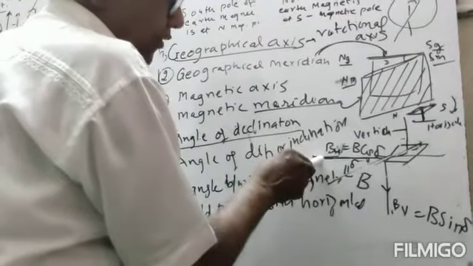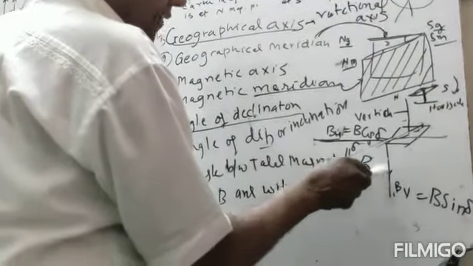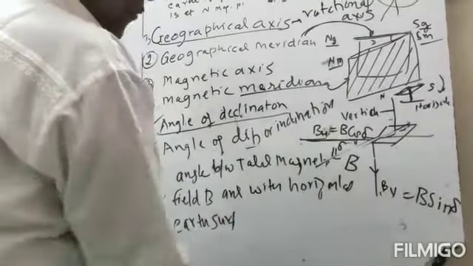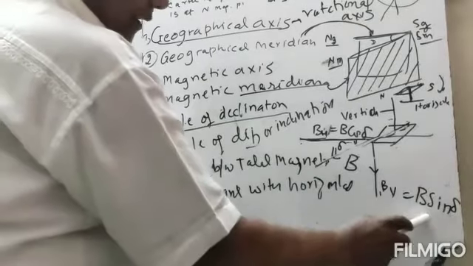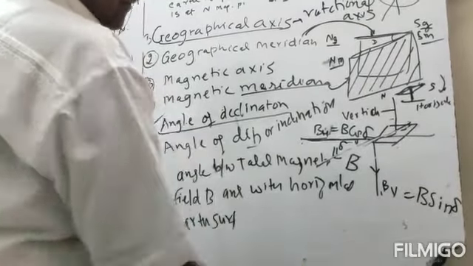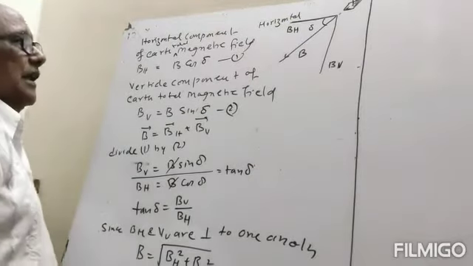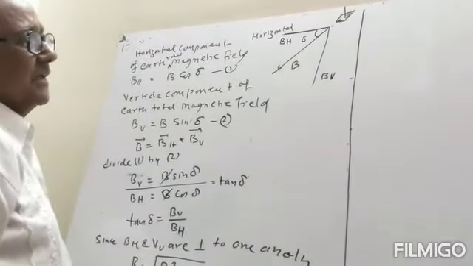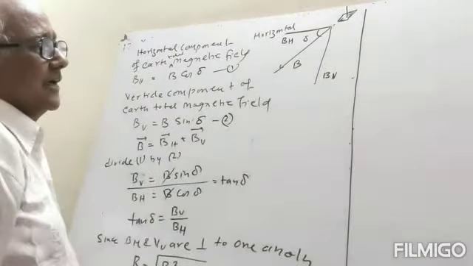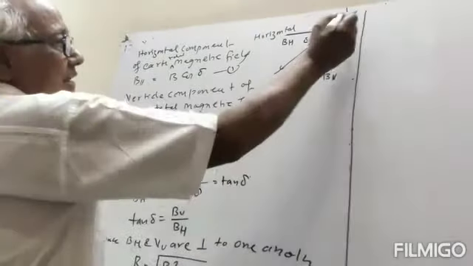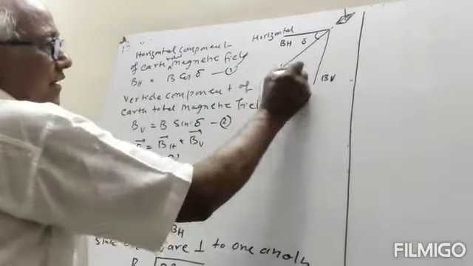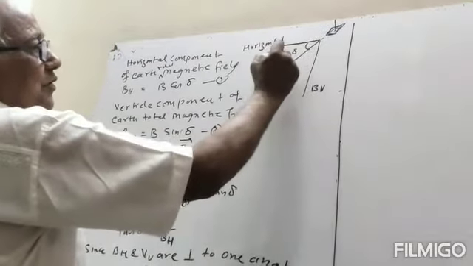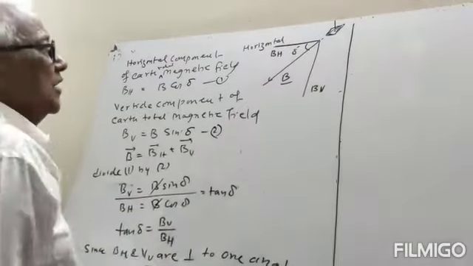One is the horizontal component, another is the vertical component. Horizontal component is B cos delta and vertical component is B sin delta. Now as I told you, if we suspend the magnetic needle such that it can rotate in the vertical plane, then the direction of the magnetic field, this angle with the horizontal, is known as delta, which is the angle of dip.